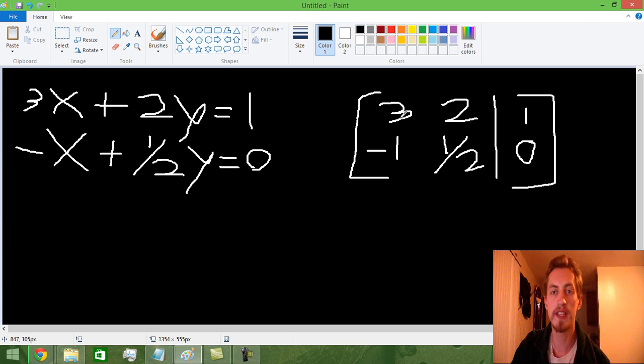So if we want to make this a 1 and we want to make this a 0, the simplest way to do that is we're going to subtract this row from this row. But we're going to multiply this row by 2 when we subtract it. So 3 minus 2 is going to give us a 1. Then we've got -1 down here. So if we're multiplying this by 2, it becomes a 1. And so we have to add these two rows because this is a -1. So if we add these two rows, this becomes a 3.